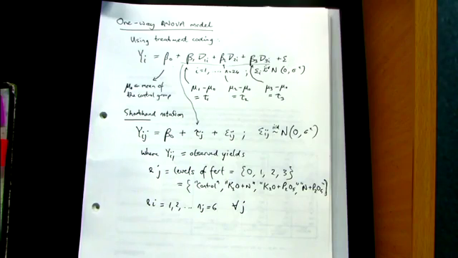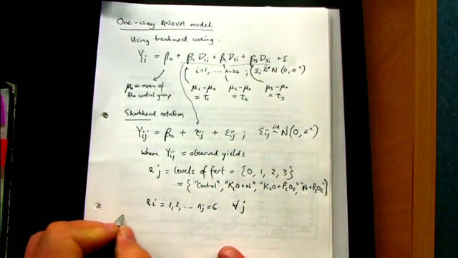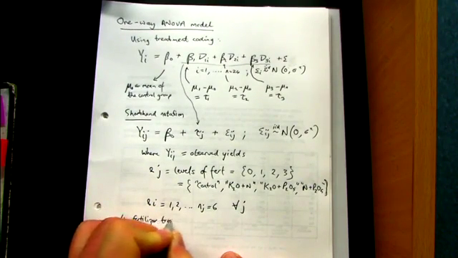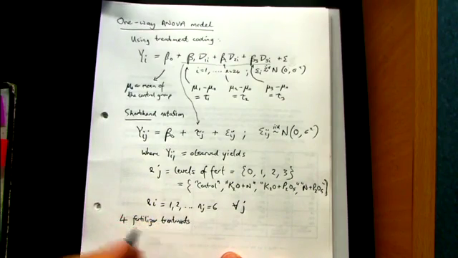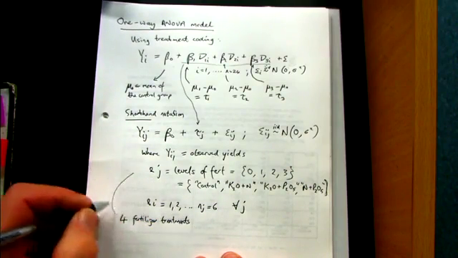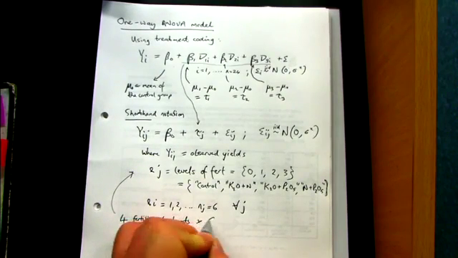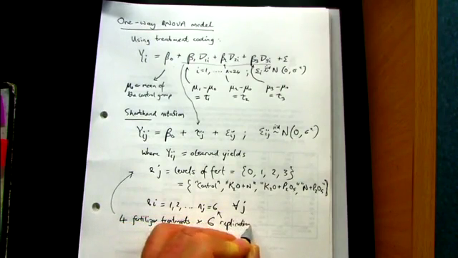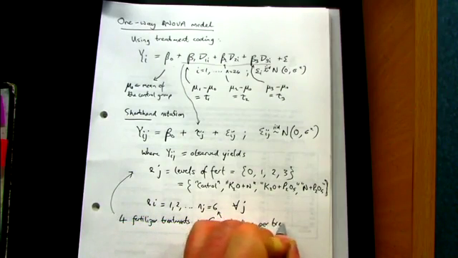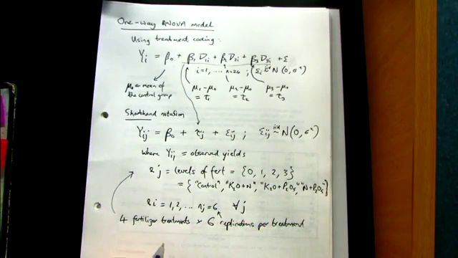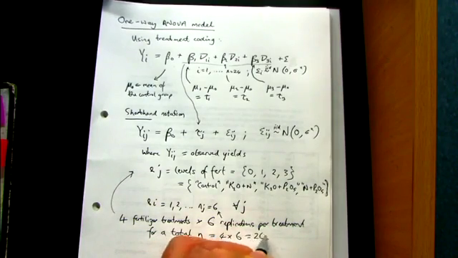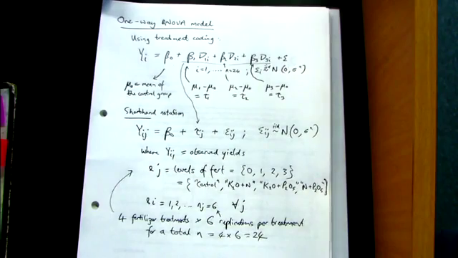And in fact, in experimental design terms, what I've got is 4 fertilizer treatments, which are those 4 things there, times 6 replications per treatment, for a total n equals 4 times 6 equals 24. And I do have 24 observations in my data set.